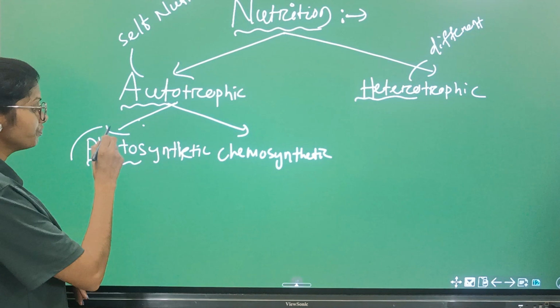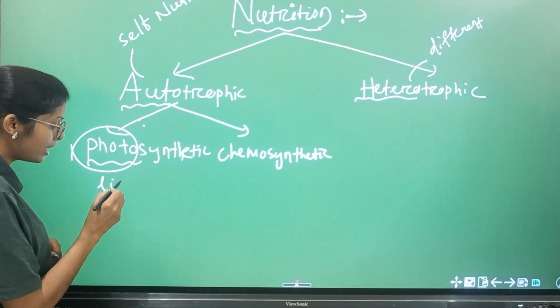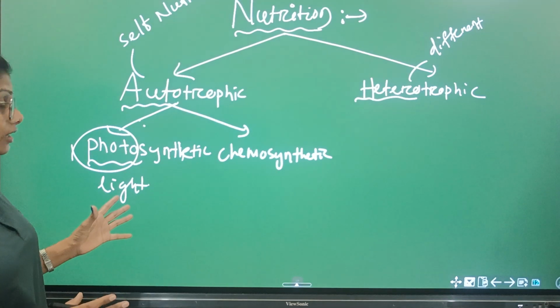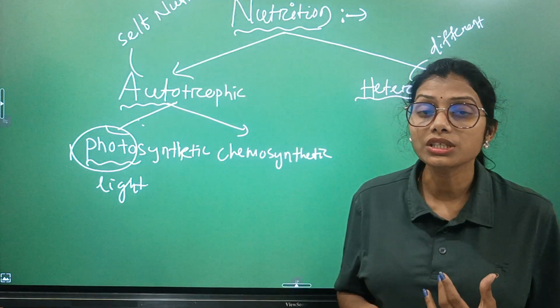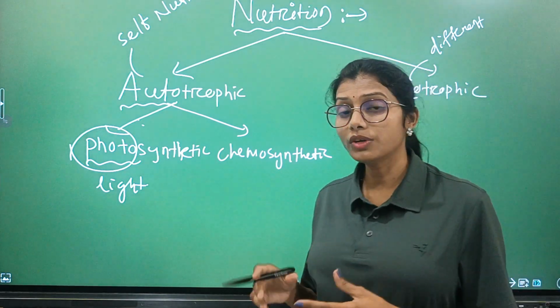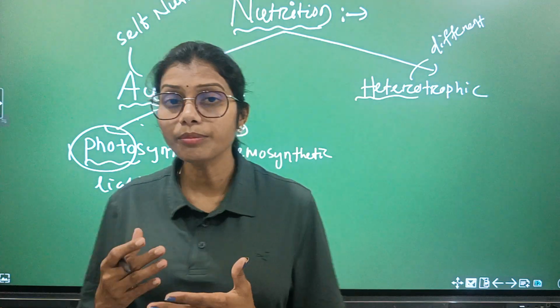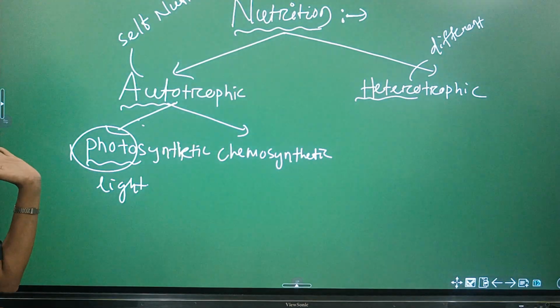What is the meaning of photosynthesis? Photo means light. Whenever the plant is using sunlight, we can explain that by using the raw materials water and carbon dioxide in the presence of sunlight and chlorophyll, the green part of the plant makes carbohydrate food. That process is known as photosynthesis.